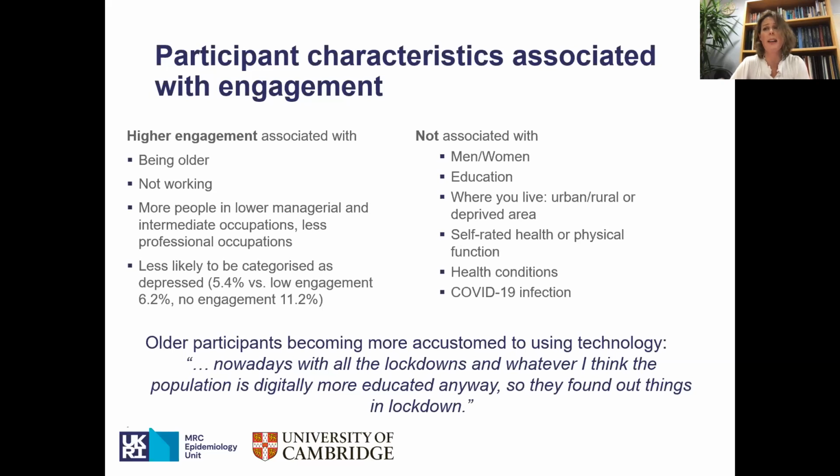And they often weren't working because they were retired. But an interesting point was the engagement was higher in people in more middle socioeconomic groups, not the highest socioeconomic groups by occupation, but the middle ones there. And they were less likely to be categorized as depressed if they were in that higher engagement group. So there was a definite association with the measures we were making on mental health.